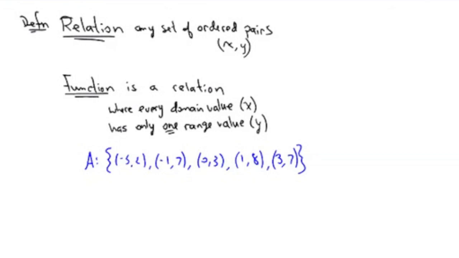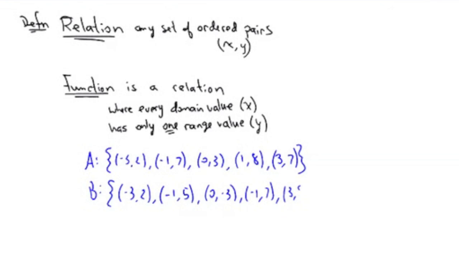Okay. Set B, relation B, it's going to be -3, 2, -1, 5, 0, -3, -1, 7, and 3, 8.